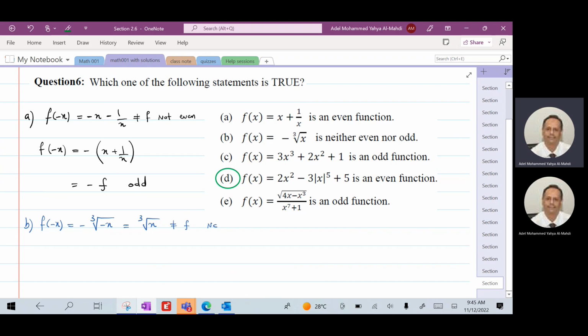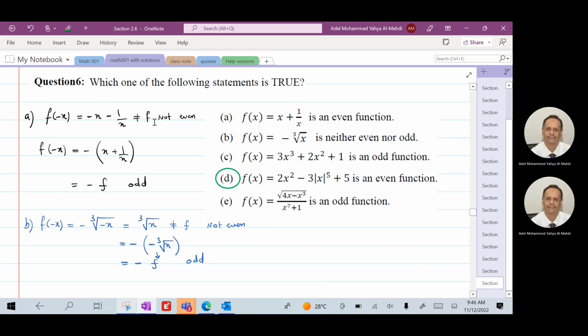So it means it is not even. And we know that the negative of cube root is minus cube root, which is the odd function. So it will be minus, and this is the same as minus f. So it is odd. The one in B is odd.